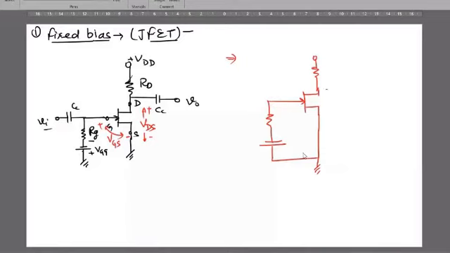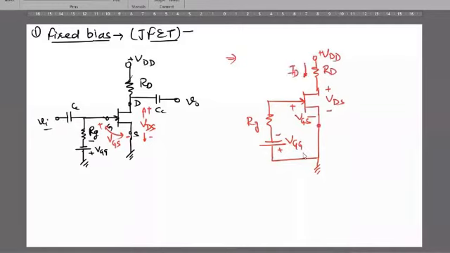And this is VDS, this is VGS, this is RG, minus plus this is VGG, and this is VDD plus, this is RD, and this current flows through, this ID.